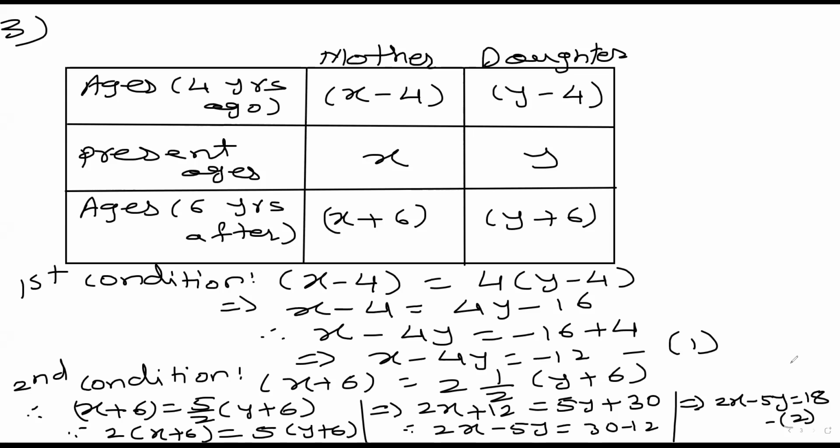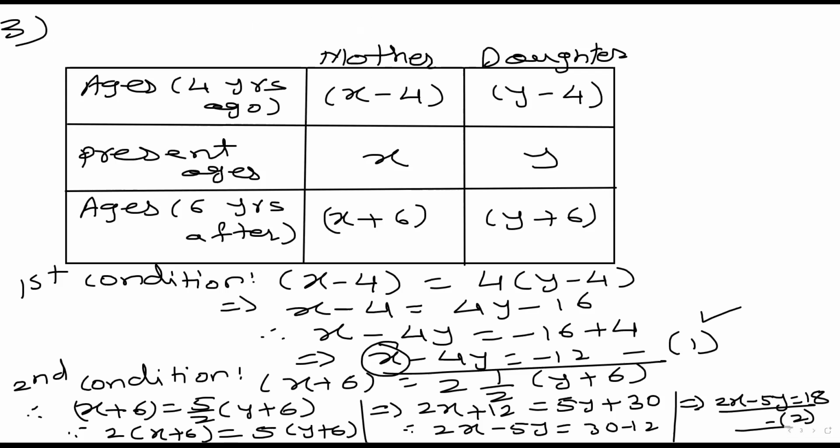Now the question arises, which method to use to solve these two equations? Substitution method. You can use the substitution method, right? See, the coefficient of X in equation 1 is 1, right? So X is equal to 4y minus 12. Minus 4y will become plus, so you will get 4y minus 12.